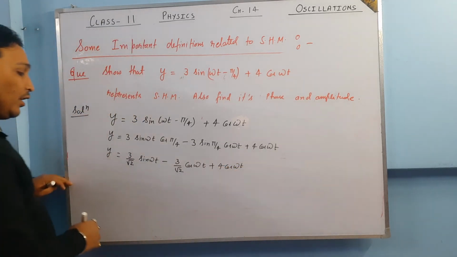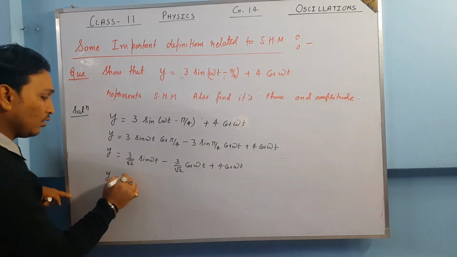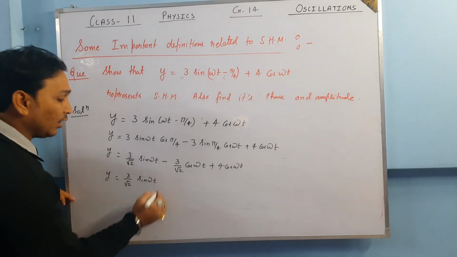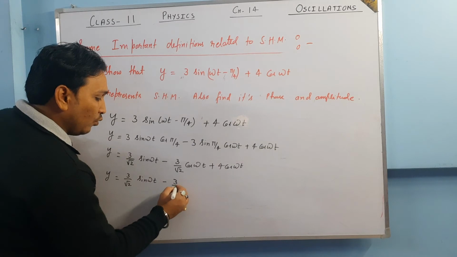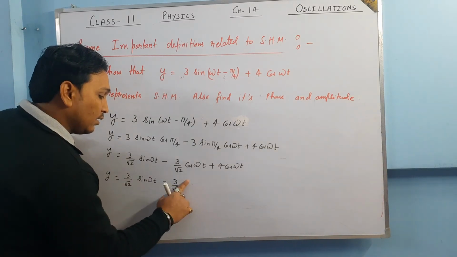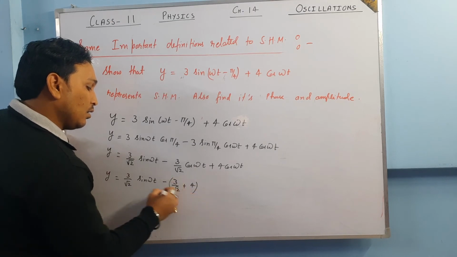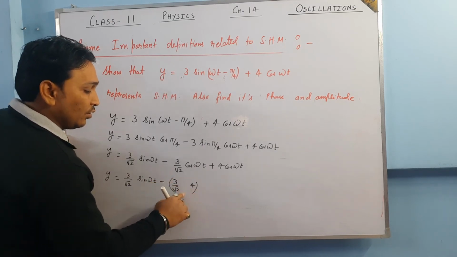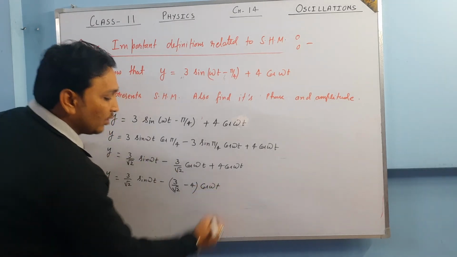I can take cos omega t as common. Or let it be like this: 3 by root 2 sin omega t minus 3 by root 2 plus 4. If I take minus common, this becomes minus 4 cos omega t being common.